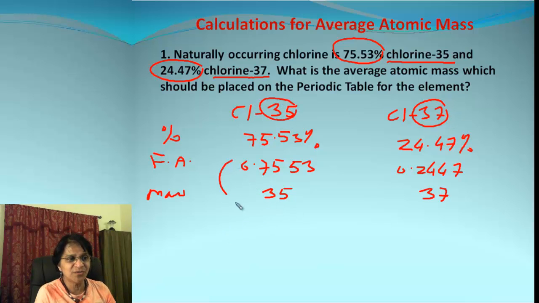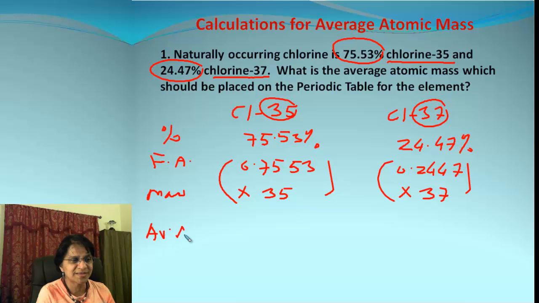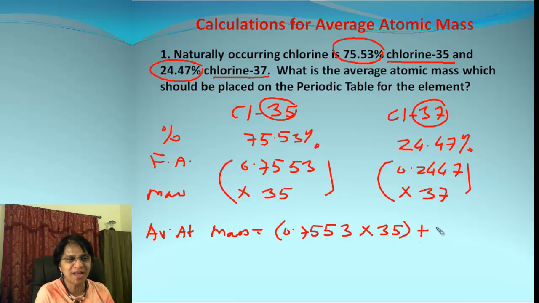What we are going to do is multiply these two numbers, and then add those two things. So the average atomic mass will be the multiplication of the fractional abundance times the atomic mass, and to that we are going to add the fractional abundance for the other isotope times the mass 37.